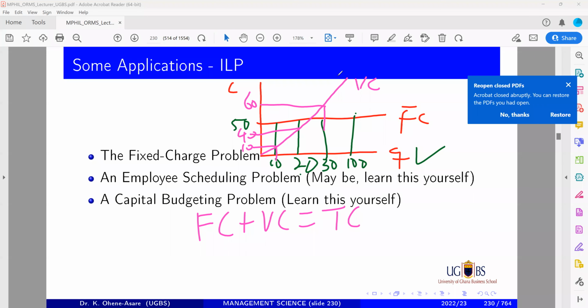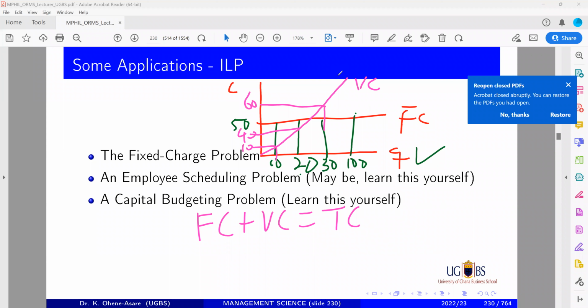How do you find profit? If you have your total cost, how do you find profit? Who can tell me? This is basic accounting or basic entrepreneurship.